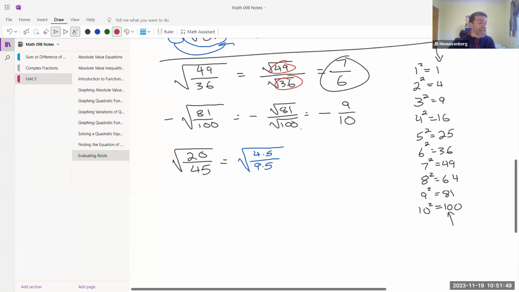Can't I cancel a 5 from inside both of those numbers, just like I would any fraction? Absolutely. So we can start by reducing the fraction into the square root of 4 over 9, break it apart even farther into the square root of 4 over the square root of 9, which gives us the result of 2/3. So we can do that sometimes within our fractions as well.